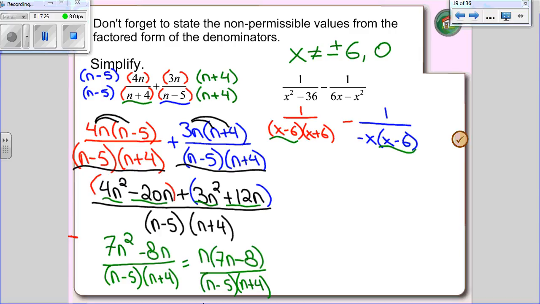So I've already underlined the x minus 6 package. It's in both fractions, so I don't need to add it to either side. The next package I have is x plus 6. There is no x plus 6 on this right one. I need to multiply by x plus 6, top and bottom.